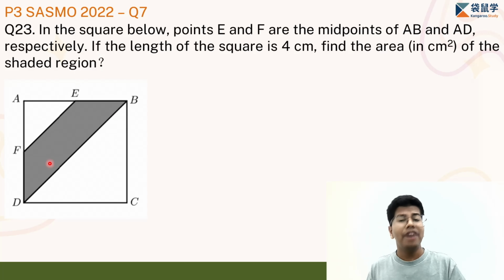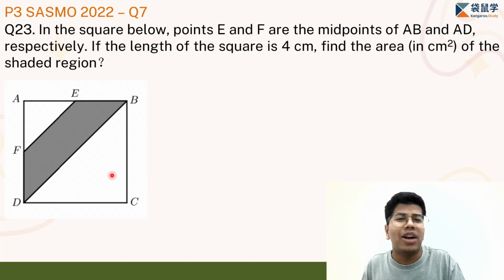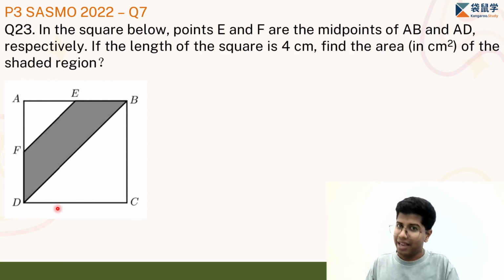Remember, whenever we have a question based on an irregular shape, we can try to include this irregular shape inside any regular shape. Now, is this shaded part inside any regular shape? Yes, it's given that it's inside this square. So for the square, can we find the area of the square? Yes.